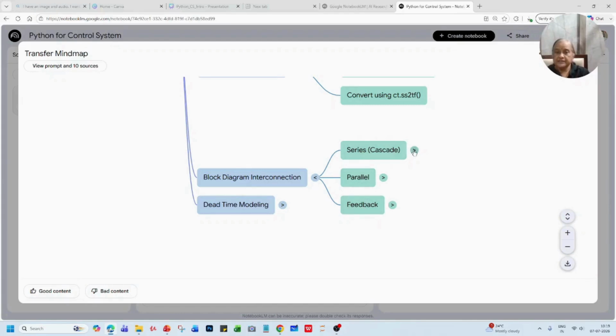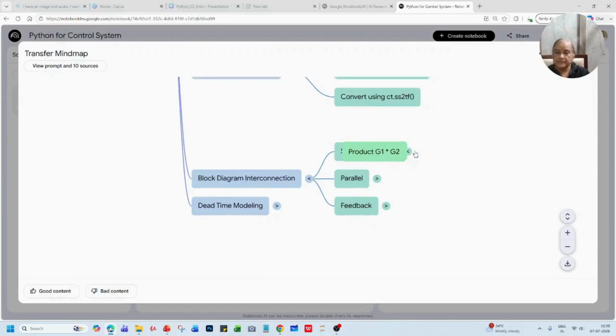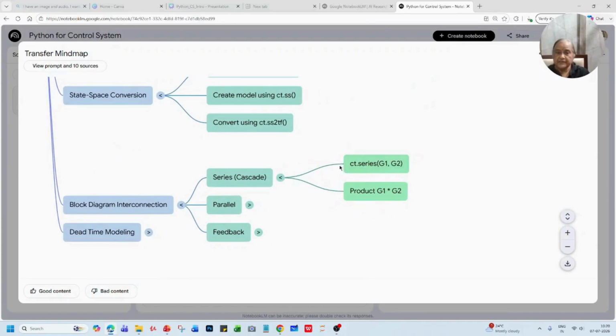So the cascade connection is obtained in the Python control library by ct.series, passing the two transfer functions of the subsystems which are to be connected in series. So this ct.series will connect G1 and G2 in series. When we connect two transfer function blocks in cascade or in series, the resulting transfer function is G1 into G2.